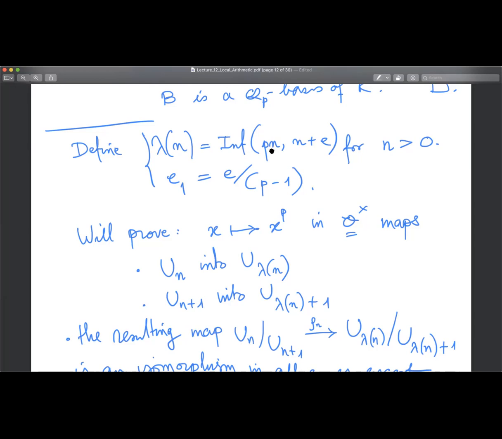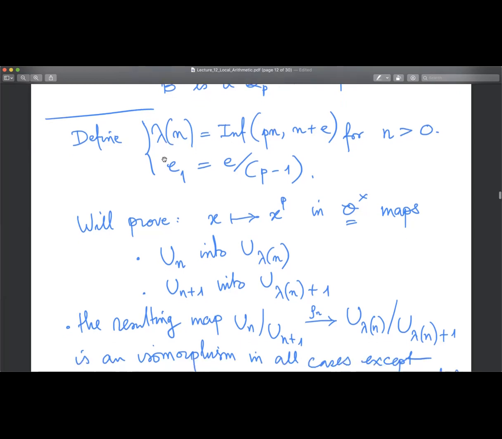So lambda n is equal to pn if pn is smaller than n plus e, and lambda n is equal to n plus e if n plus e is smaller than pn. Okay, so that defines a function lambda from strictly positive integers to themselves.